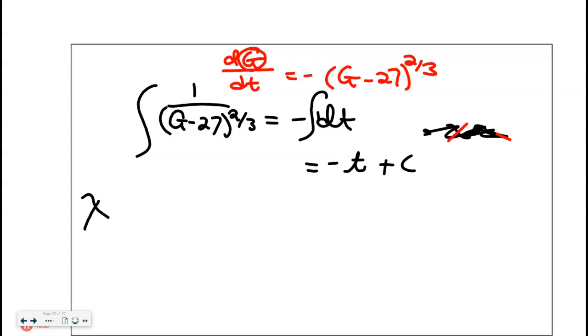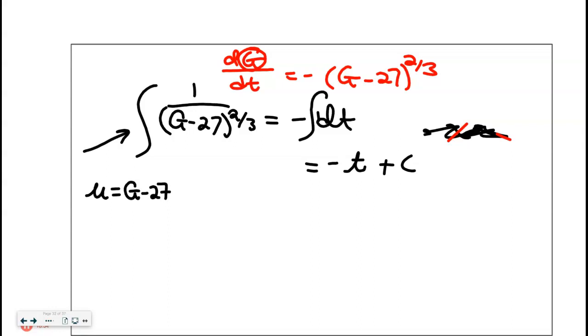Next up, this is where a ton went wrong. This is u sub. I love that. You wouldn't have done it wrong, then. U is always the inside function. If that doesn't work, it's the entire denominator, hoping to generate the numerator.